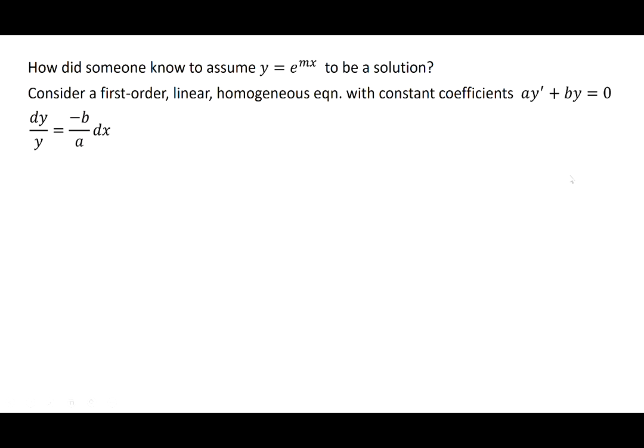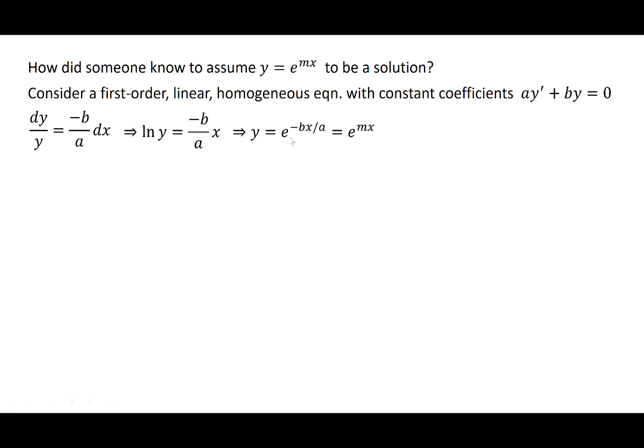We know how to solve that. I could have done, maybe I did do, integration by the separation of variables technique, right? And so I did that, and the solution turned out to be e to the negative bx over a. Or for that negative b over a, I just thought of it as some m.